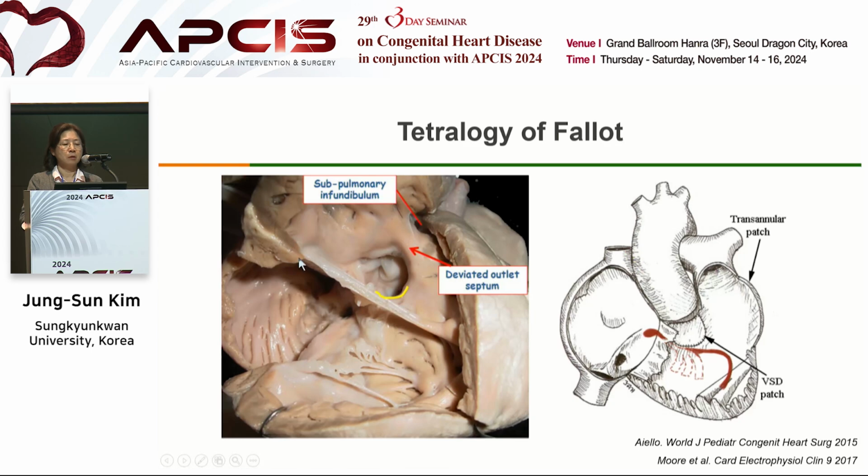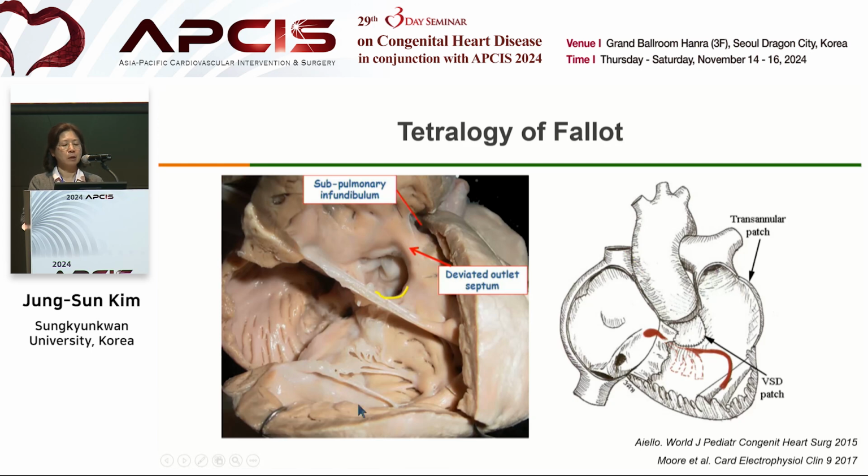This is a tetralogy of Fallot heart, in which the right ventricular free wall is open. The outlet septum is deviated anterosuperiorly to make the pulmonary outlet stenotic.